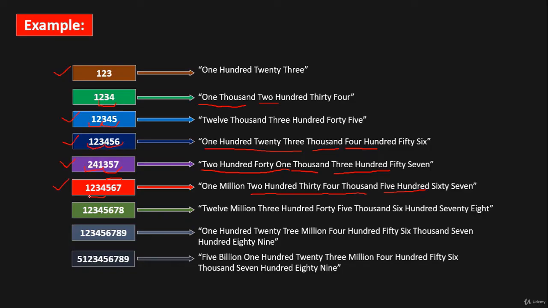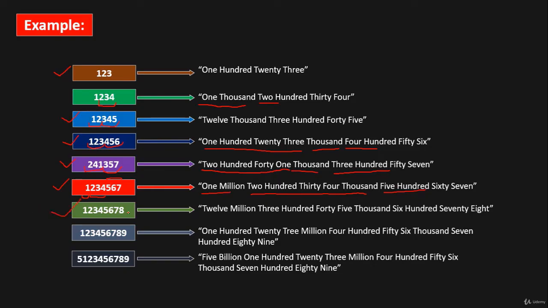Then the next 3 on the left, we have only 1 digit, so this 1 is for million. The first 3 digits on the right are the base, the next 3 from the right are for thousand, the next 3 are for million, and the next 3 and the rest are for billion. So here we have 1 million.